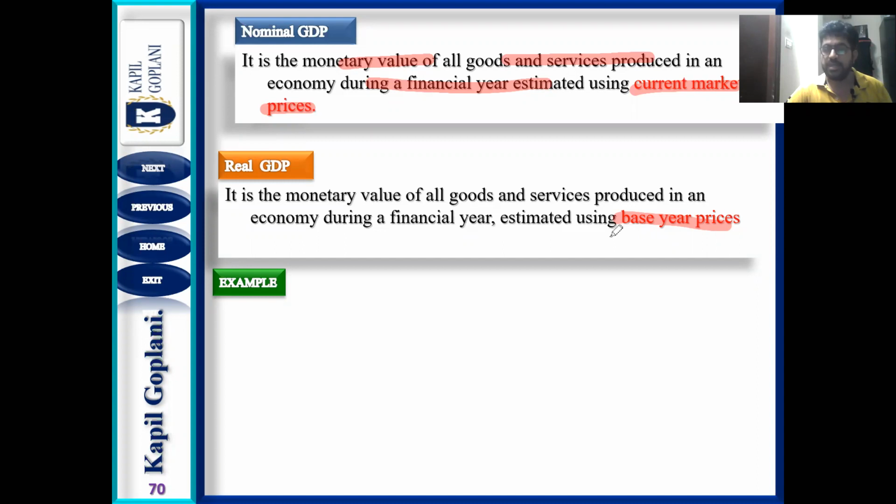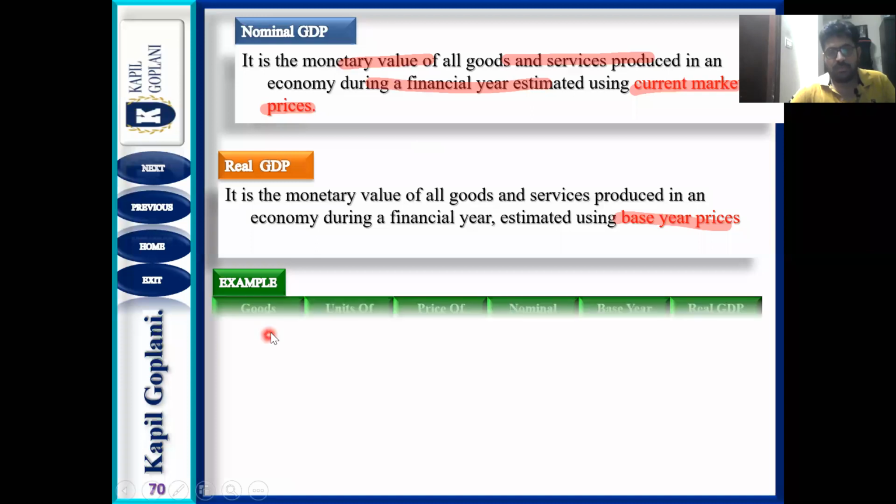Similarly, here you only need to remember these two differences: if you calculate GDP from current year price, it becomes nominal GDP, and if you calculate it taking base year price as the base, that GDP is known as the real GDP. I will explain more with the help of an example.